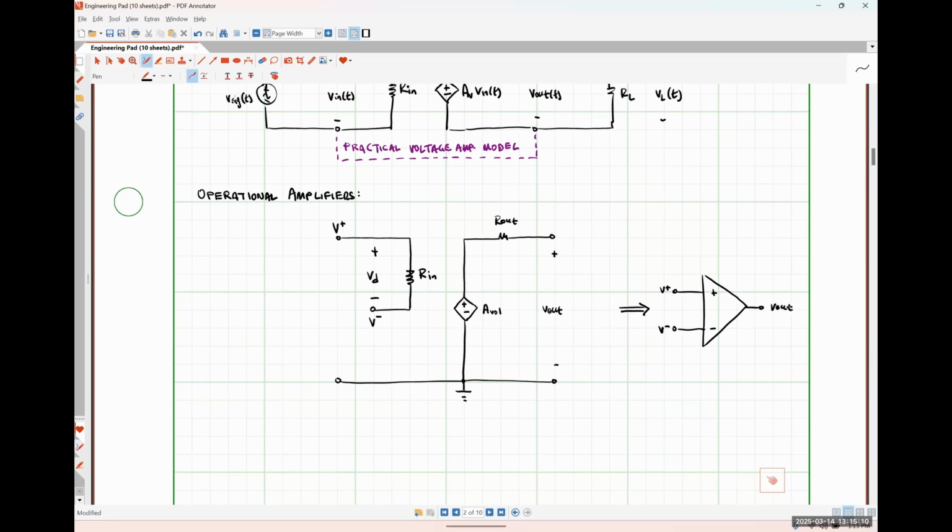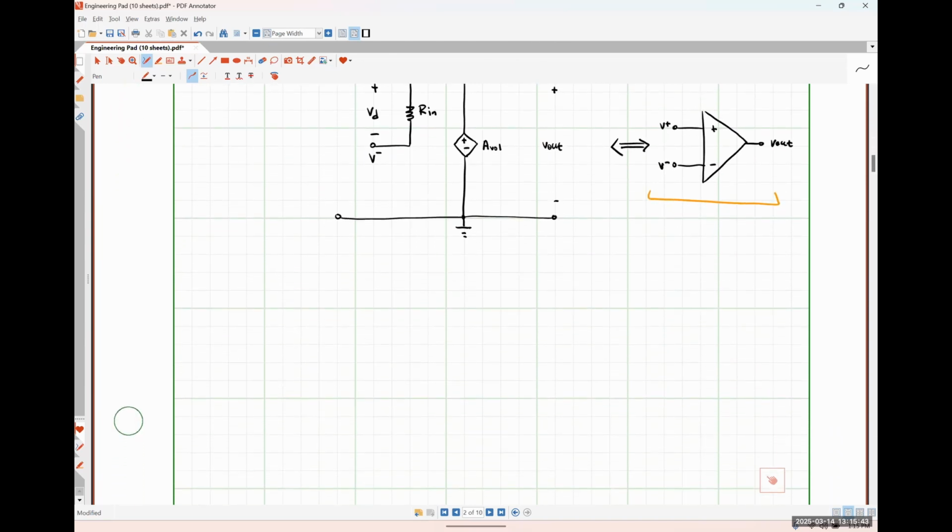So essentially, until we learn better, anytime we see this in a schematic diagram, we are going to replace it with that practical model so that we can do a more formal analysis of exactly what's going on. Now, there are limitations to what this model can do. And so we are going to talk about what those limitations are with an example.